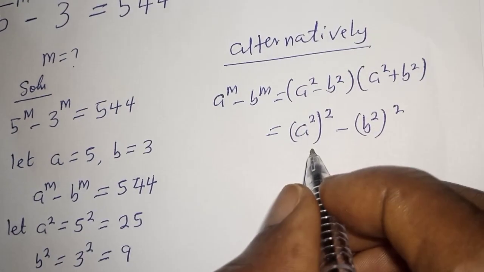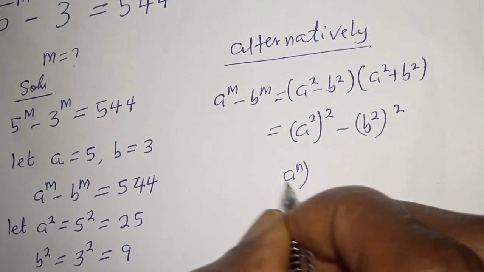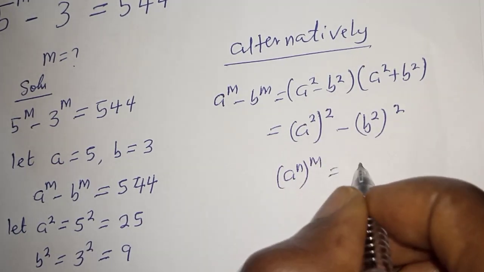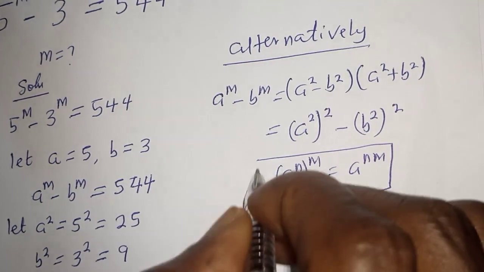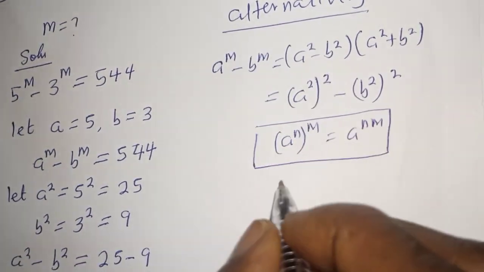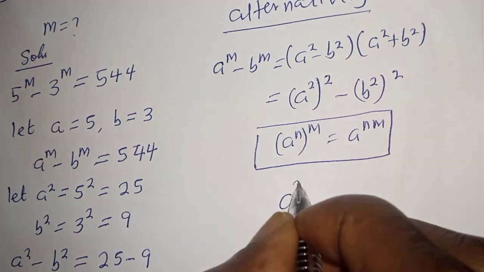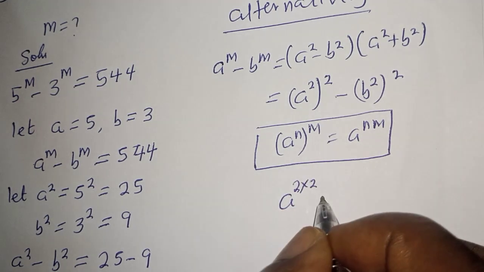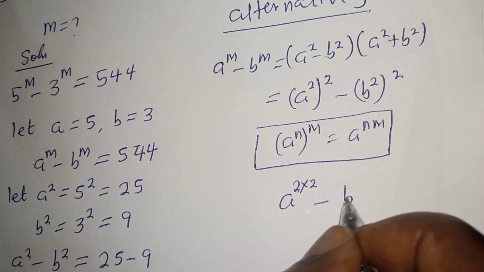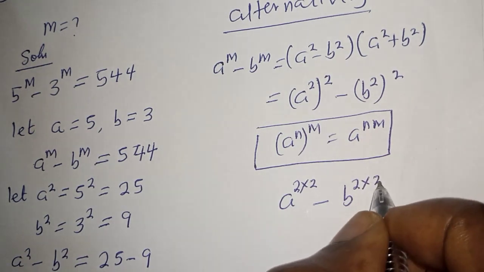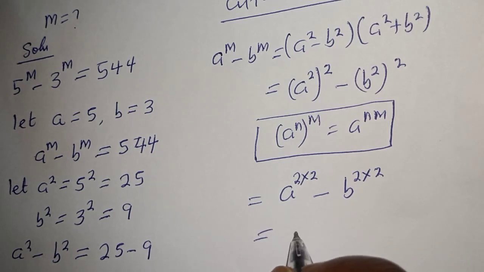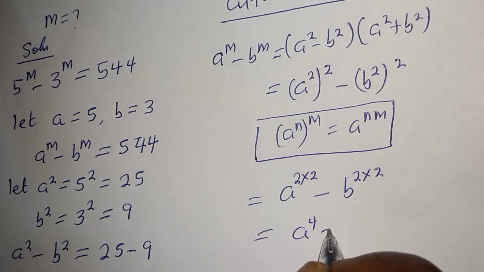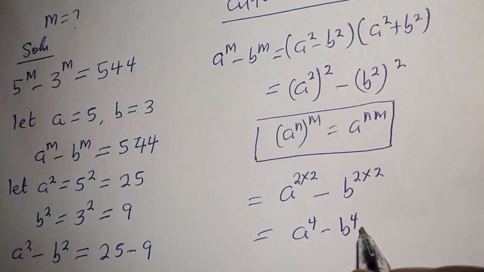And you know that if you have a raised to power n to the power of m is equal to a raised to power nm, then this can be written as a raised to power 2 multiplied by 2 minus b raised to power 2 multiplied by 2. This is equal to a raised to power 4 minus b raised to power 4.